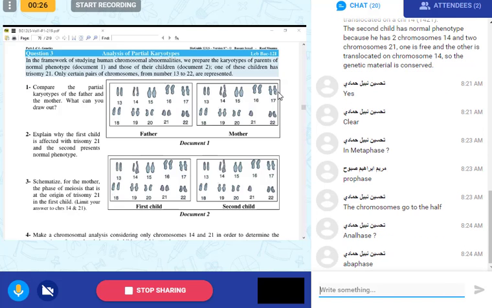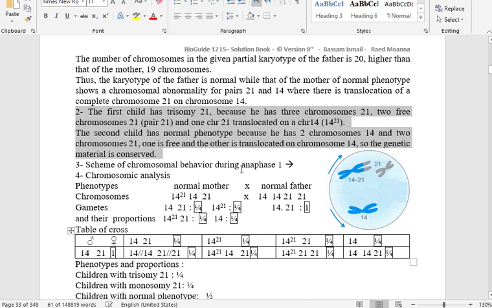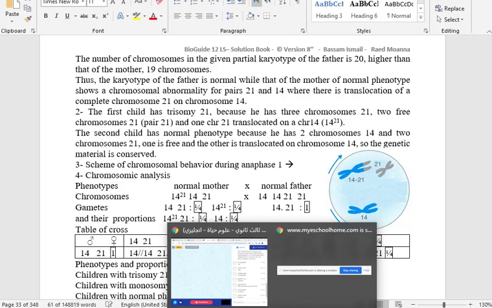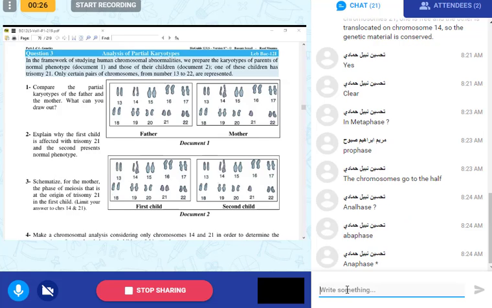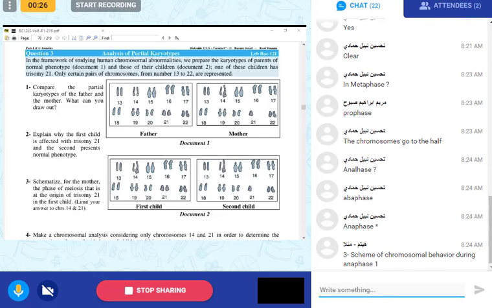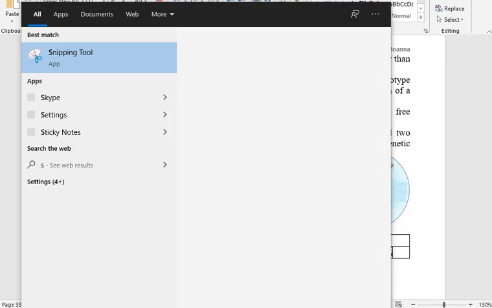In anaphase. Well done, Tahsin. In anaphase. So during anaphase, the chromosome 21, while moving, attaches to chromosome 14.